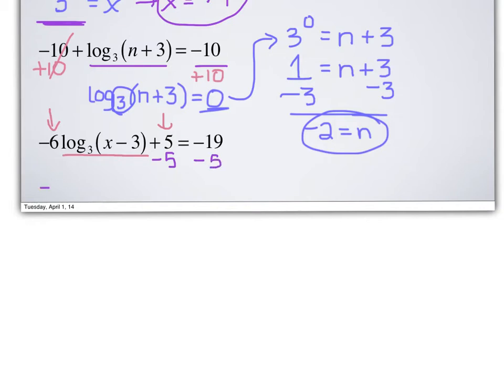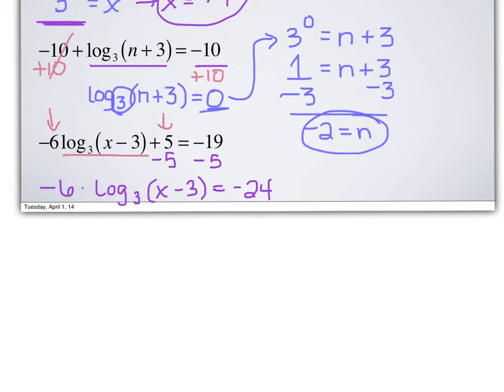So now I have negative 6 times log base 3 of x minus 3 equals negative 24. Because negative 19 minus 5 is negative 24.